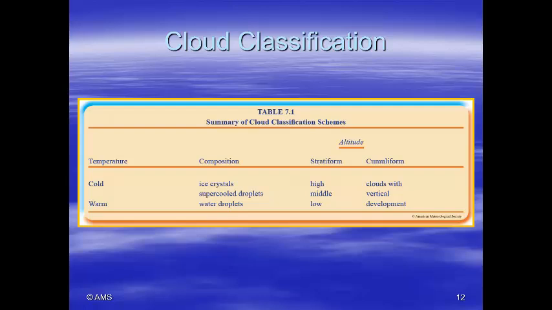And stratiform we have high, middle, and low. And cumuliforms are clouds with a lot of vertical development, so they could go through the low, middle, and high altitudes for a single cloud.